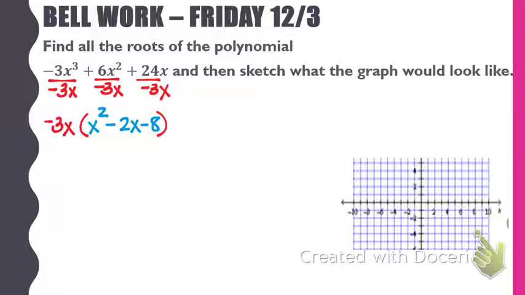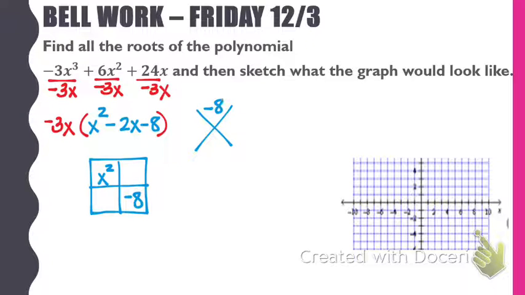Let's factor that down, make a box. So you need two numbers that multiply to be negative 8, but add to negative 2.